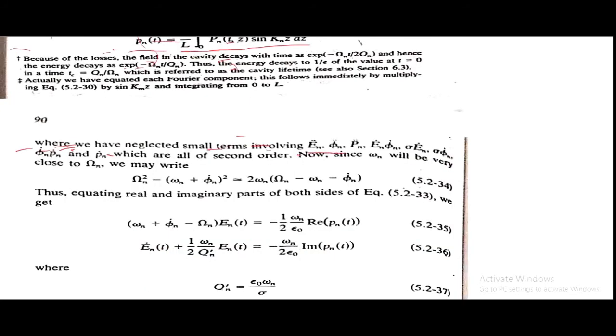Here we have neglected the terms involving E_n double dot, phi_n double dot, P_n double dot, then E_n dot, phi_n dot, then sigma E_n dot, then phi_n dot, P_n dot. And also we can say that omega_n will be close to capital omega_n.